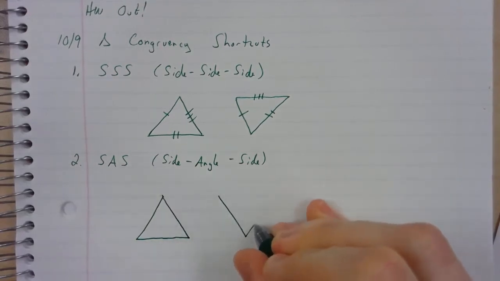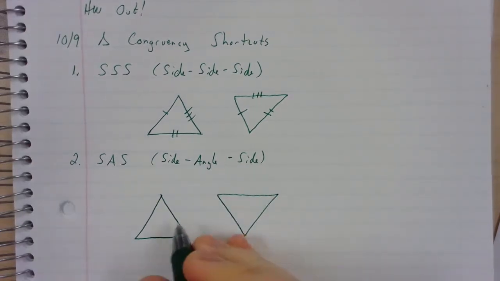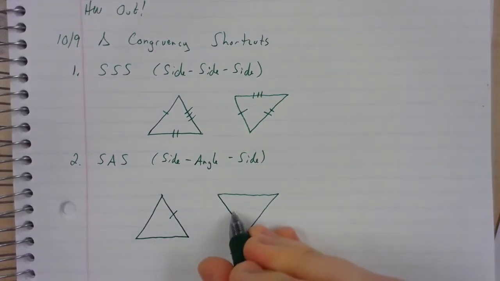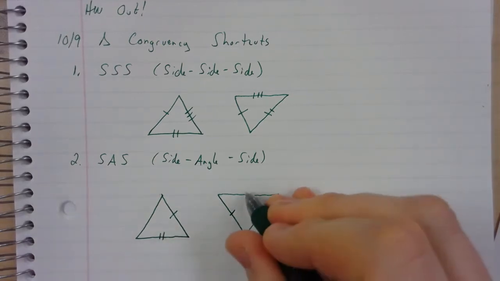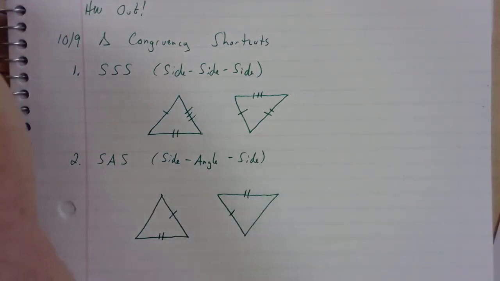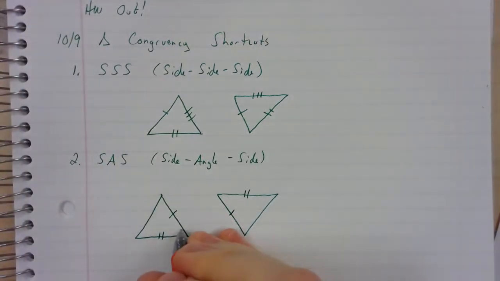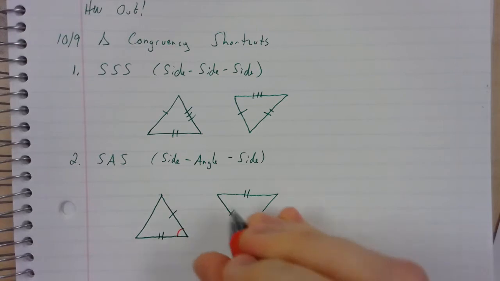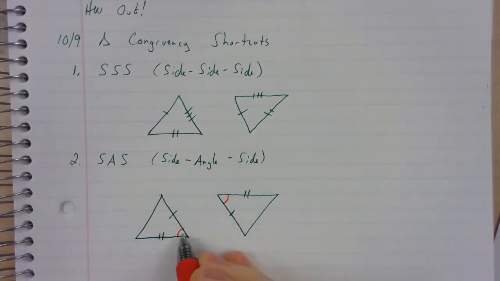Doesn't really matter what they look like. If they have 1 set of sides and a second set of sides, and here's the important thing. The angle in between those 2 sides, so the angle where those 2 sides touch, the angle has to be where the 2 sides touch.